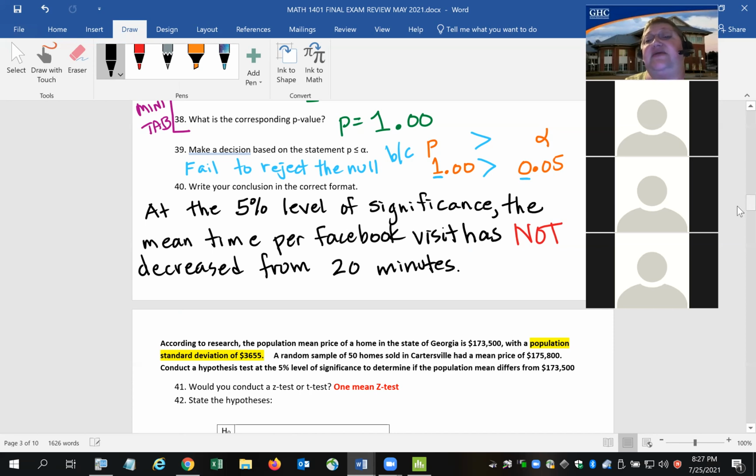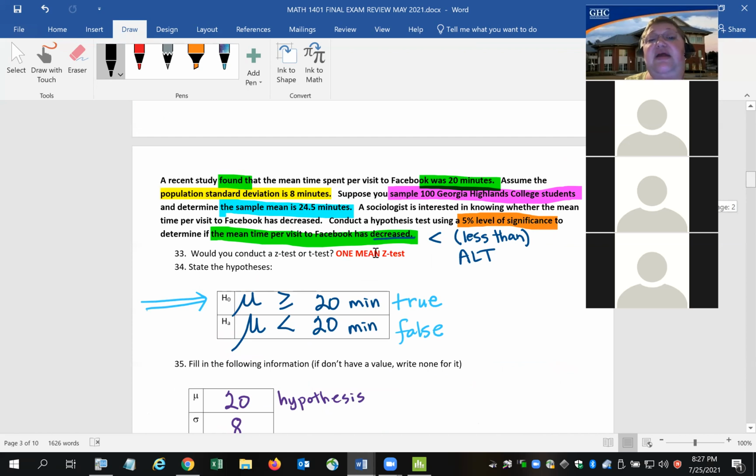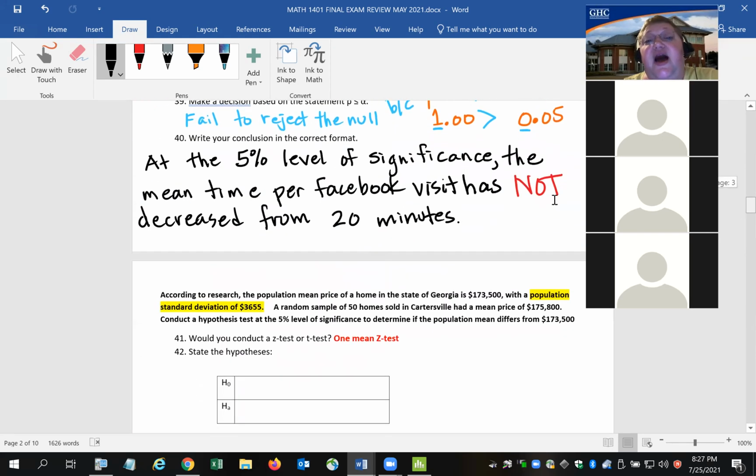I can use the same statement that I had for my hypothesis, but I have to alter it to show that what I proved or what we verified was that it is greater than or equal to 20, not less than or decreased. It's actually increased. So I add that one 3-letter word, not, into the statement.